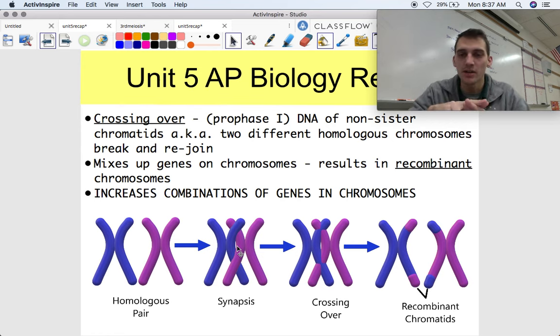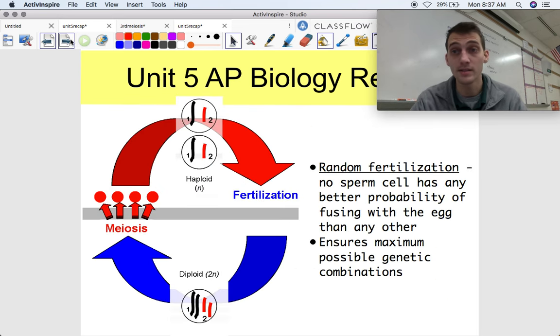They touch each other and can swap genes with each other, and that's called crossing over. So now you have chromosomes with completely unique gene combinations, and this is going to increase genetic variation drastically because that's going to mix up the genes even more. So you can mix up the chromosomes, but you can also mix up the genes that the chromosomes carry, and that's going to make genetic variation go crazy.